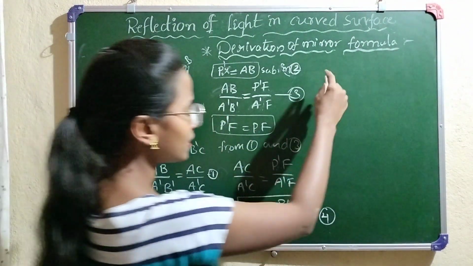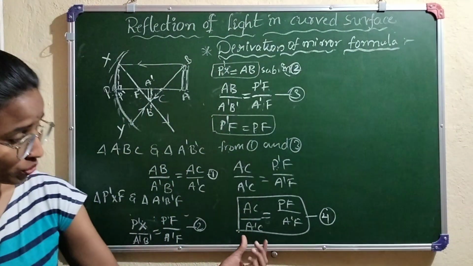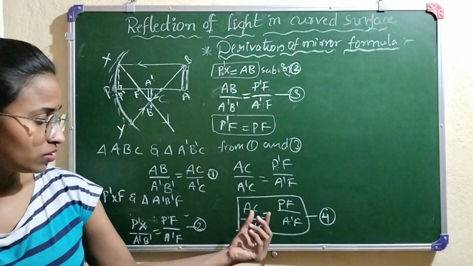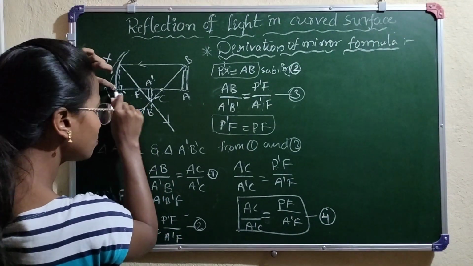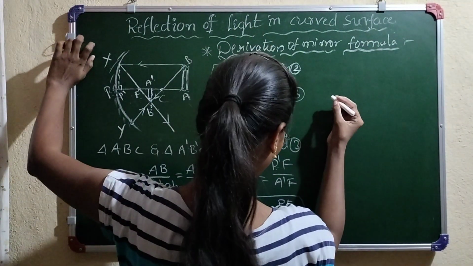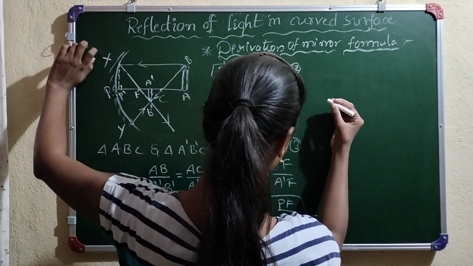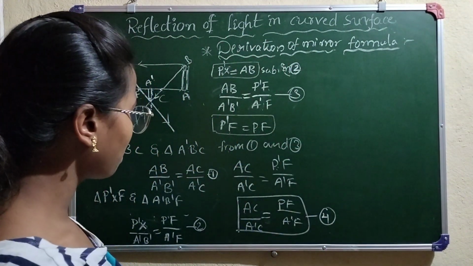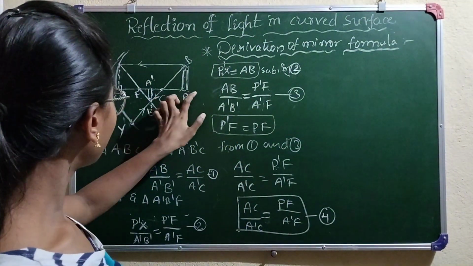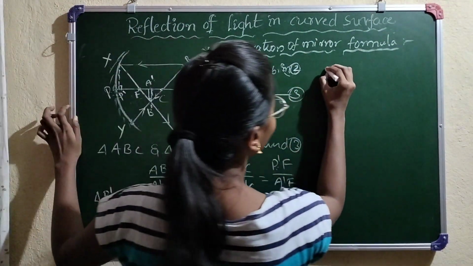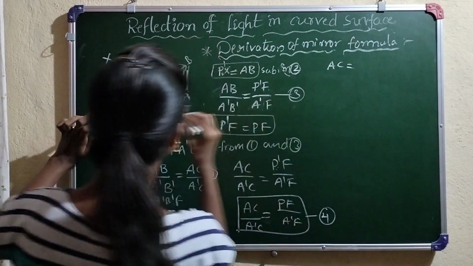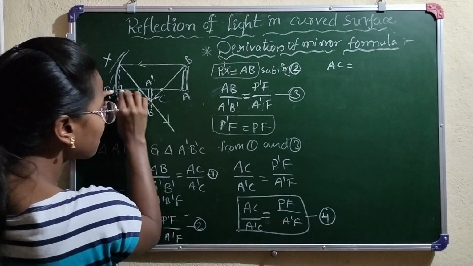Now next, we already know PA. In the place of AC, we can write PA minus PC.